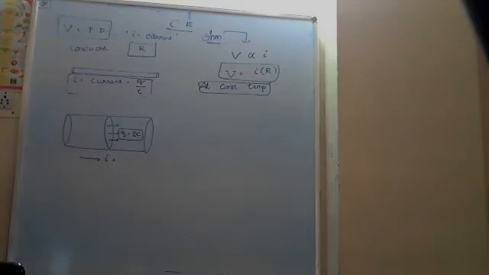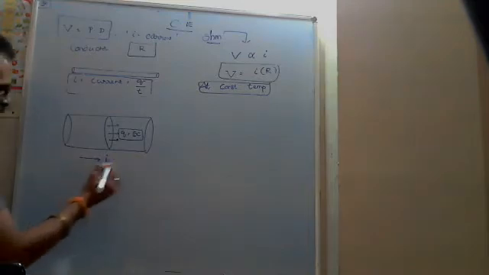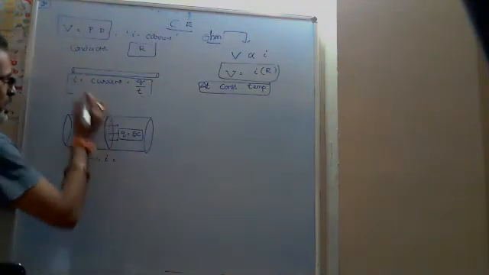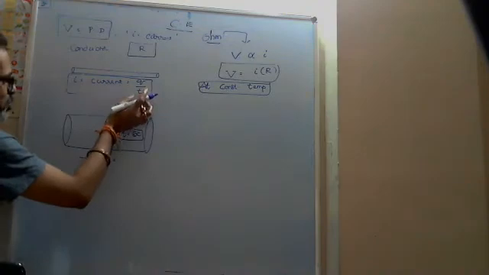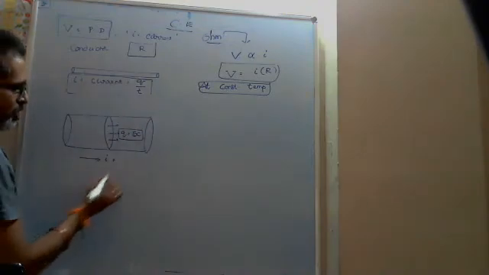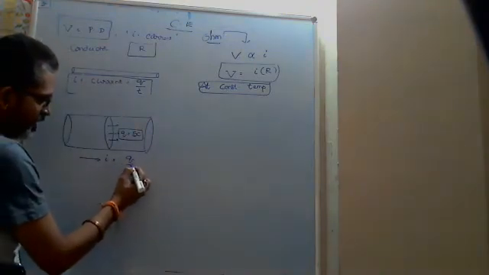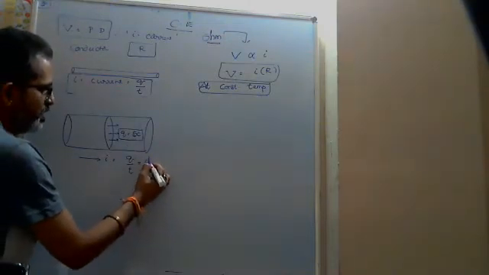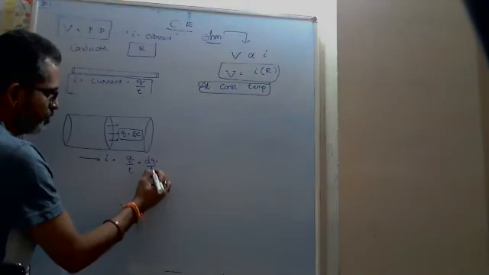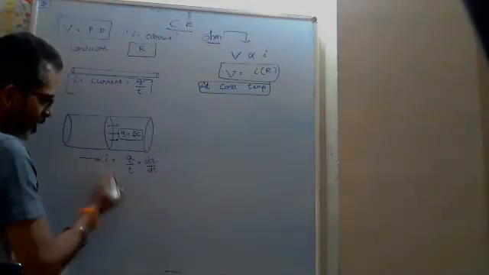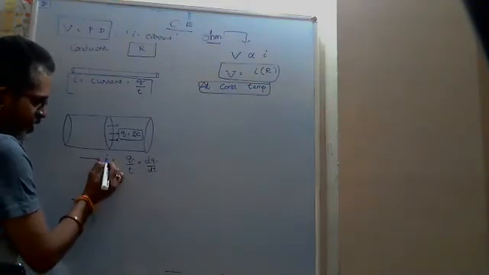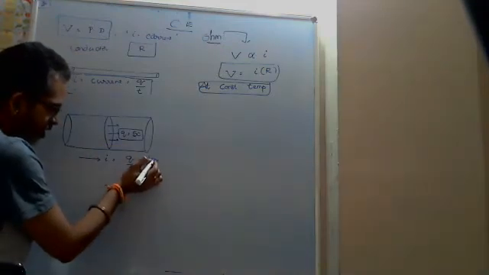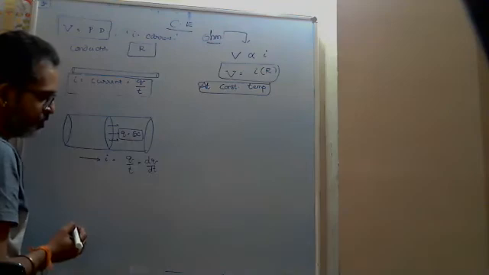Sir, Q by the time taken to flow, sir. That is the wrong thing we generally do. Here, current is time dependent charge. We are saying I equals Q by T, but in differential form we have to write it as dQ/dt. It means the current is time dependent, and the charge should also be time dependent.